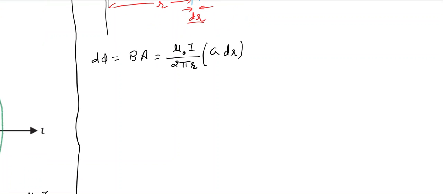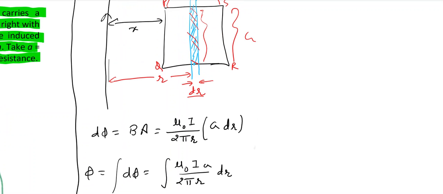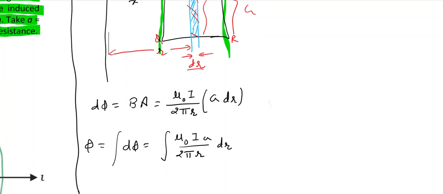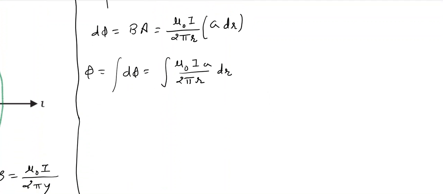Now if I want the total flux, I should integrate it. So integration of d phi is integration of mu 0 I a by 2 pi r dr, and as we are integrating from PQ, at x distance, to SR, which is at x plus a distance, the limits of integration should be from x to x plus a.